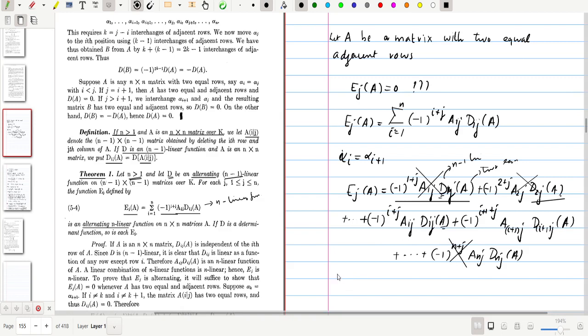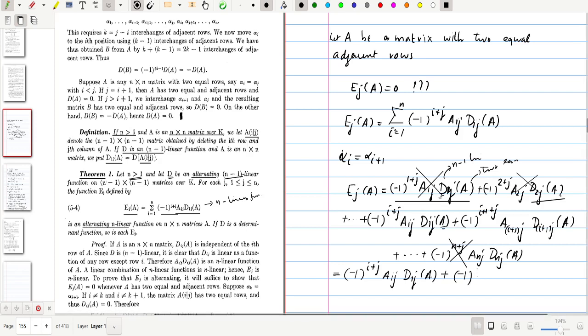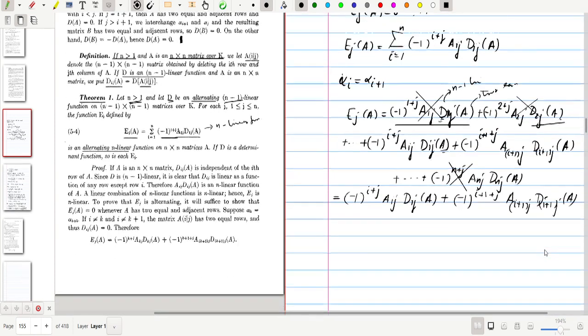So the only surviving, non-zero terms from this expression are minus 1 to the power i plus j, a_ij, d_ij of A, plus minus 1 to the power (i plus 1) plus j, a_(i+1)j, d_(i+1)j of A. Now observe these matrices.